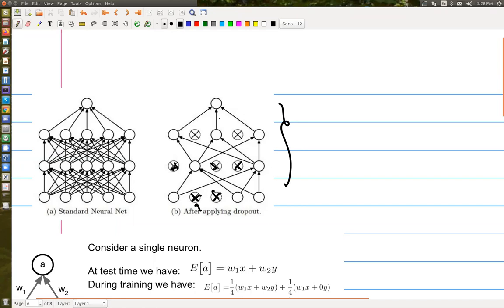And this turned out to be a good thing, at least in some situations. Research is going so rapidly that it's interesting to look at the literature to see whether dropout is still relevant.